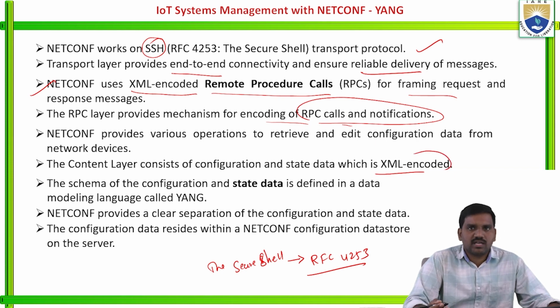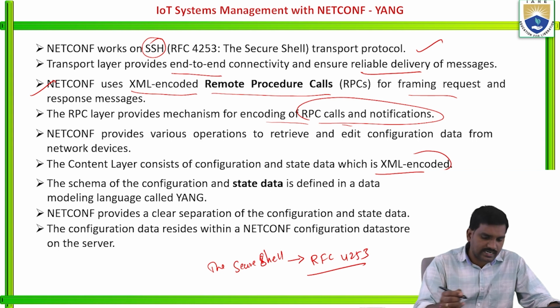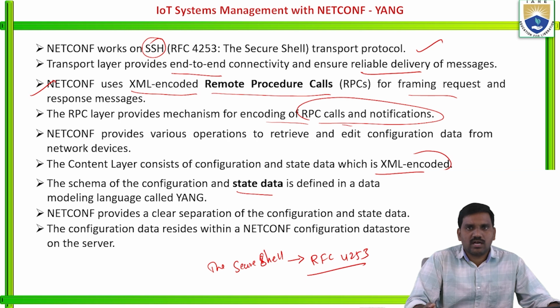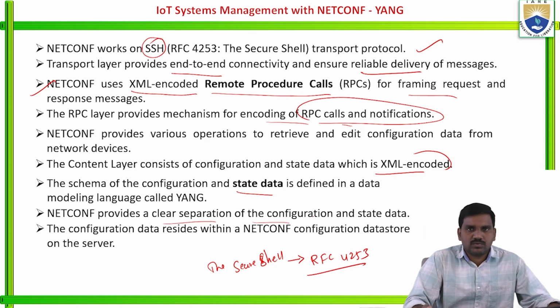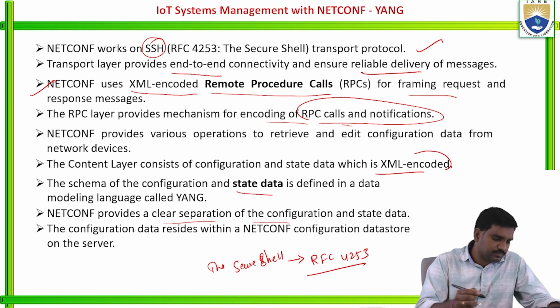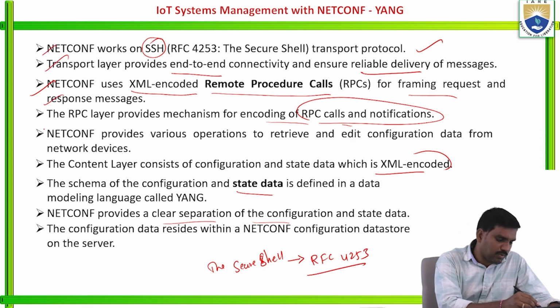Next, the schema of the configuration and state data is defined in a data modeling language called YANG. Network configuration provides a clear separation of the configuration and state data. The last one, the configuration data resides within a network configuration data store on the server.